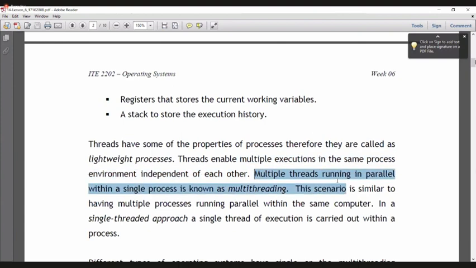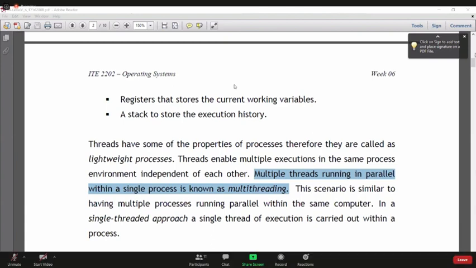So multiple threads running in parallel within a single process is known as multi-threading. So that is what we call multi-threading. The latest operating systems, Windows 10 and so on, are multi-thread operating systems. That means in the same process, different parts can execute in parallel, because you can run different threads.